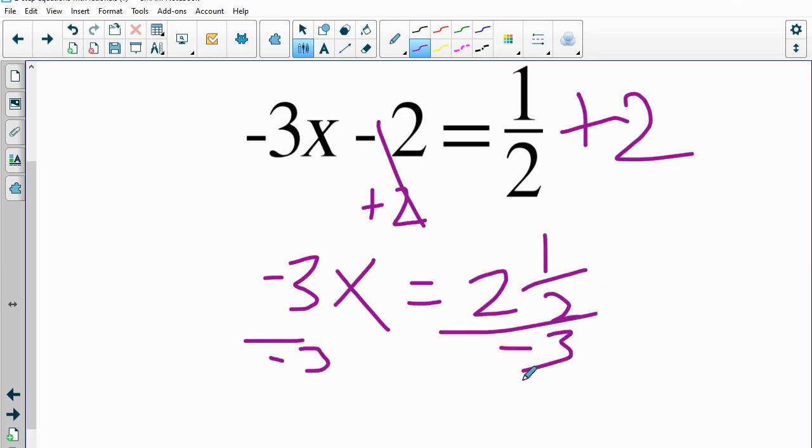That looks pretty complicated, and we can show you a couple of different ways to do that on the board, but for now I'm going to pull out my calculator.